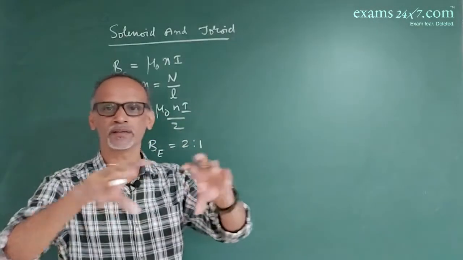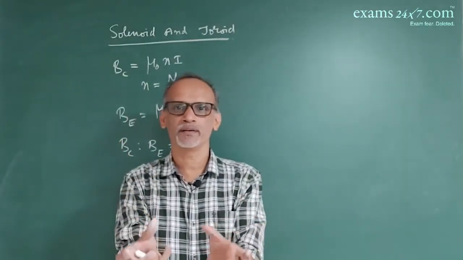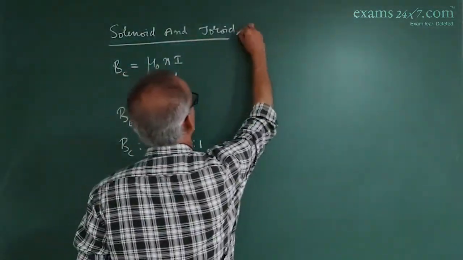Now, if you bend this cylindrical coil in the form of a ring, then you will get the toroid.